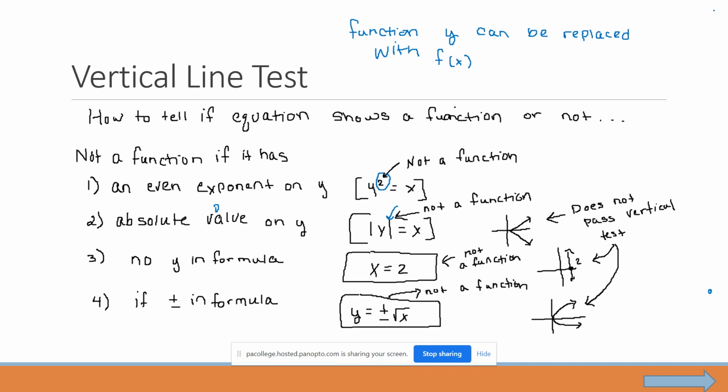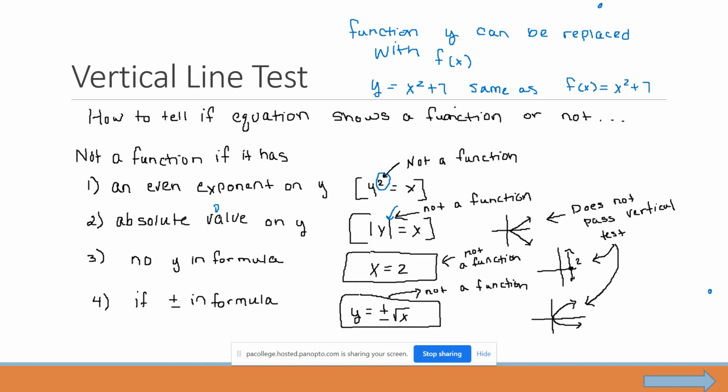So let me give you an example that is a function. Keep losing my pen here. There we go. If we had y equals x squared plus 7, here the exponent's on the x, so that's good. And I could see that this would be the same as f of x equals x squared plus 7.